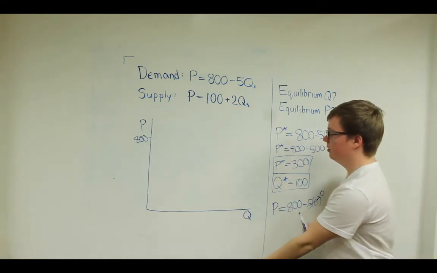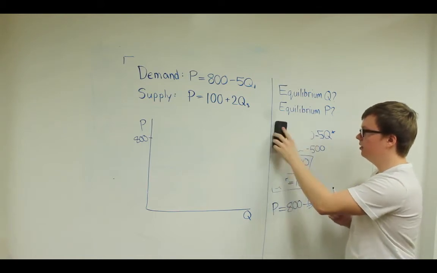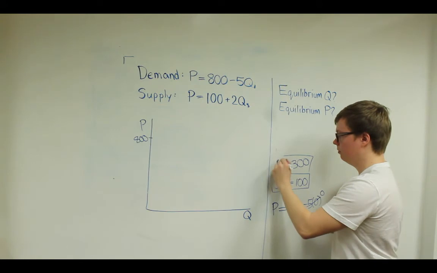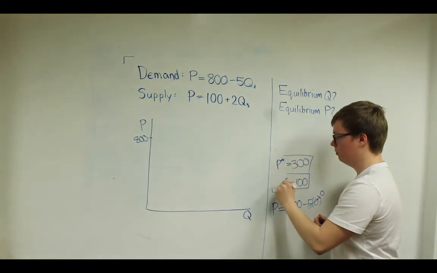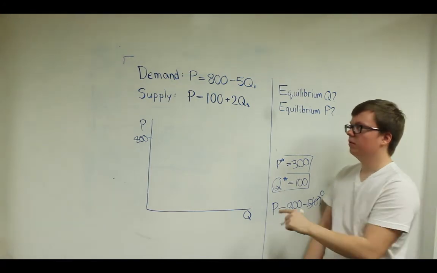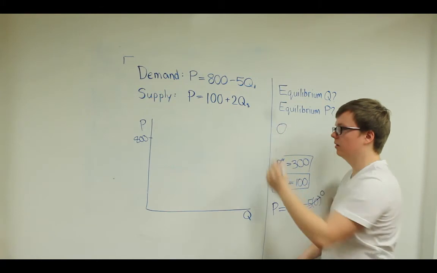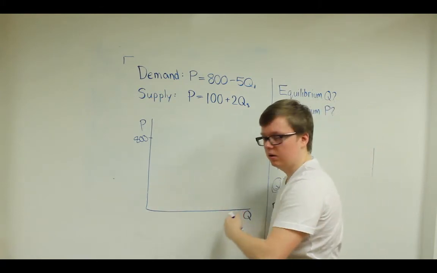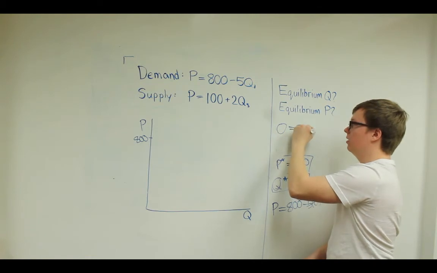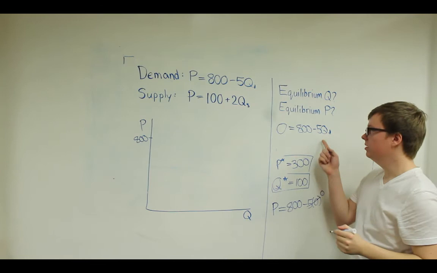To see where the demand curve intersects the quantity axis, we set price equal to 0, because price is 0 along this axis. So 0 equals 800 minus 5 times quantity demanded.